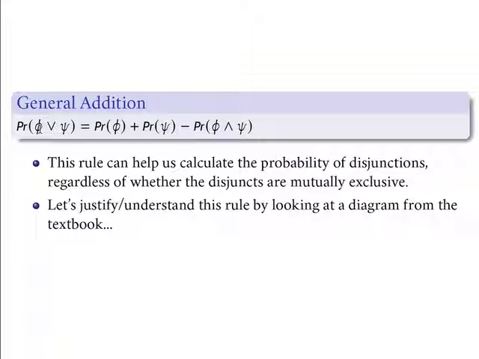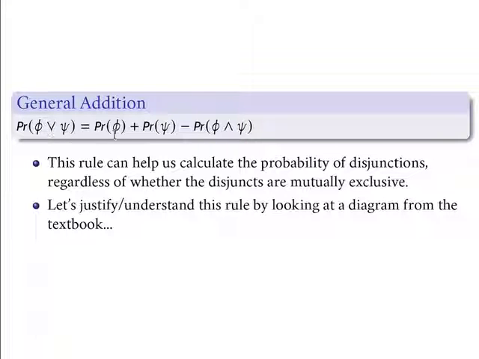In the case we just saw, clubs or hearts, those two possibilities are mutually exclusive because there's no card that is both a clubs and a hearts. But in the case of jack or hearts, there are cards which are both a jack and a hearts. In particular, there's one card, the jack of hearts. So the possibilities of drawing a jack or drawing a hearts are not mutually exclusive.